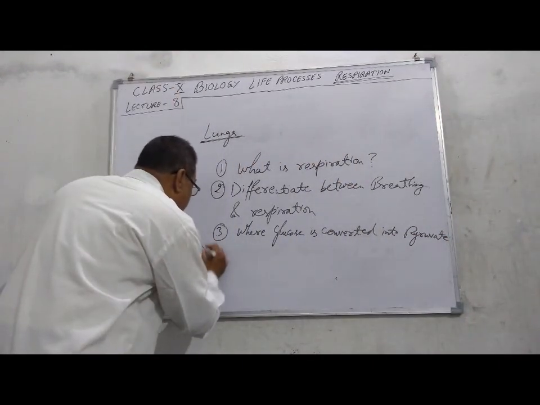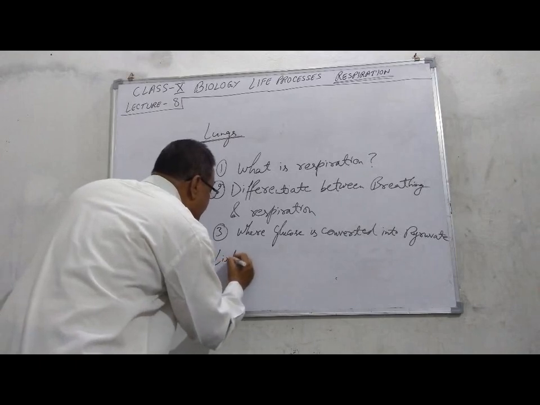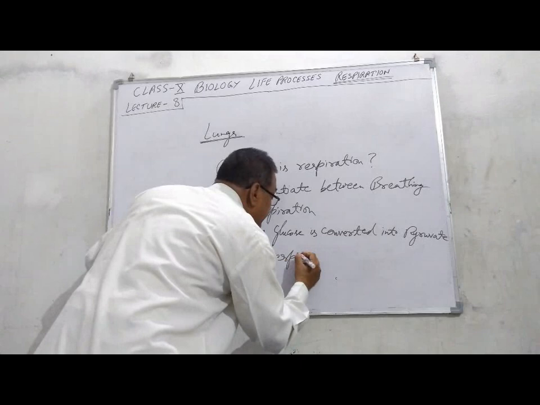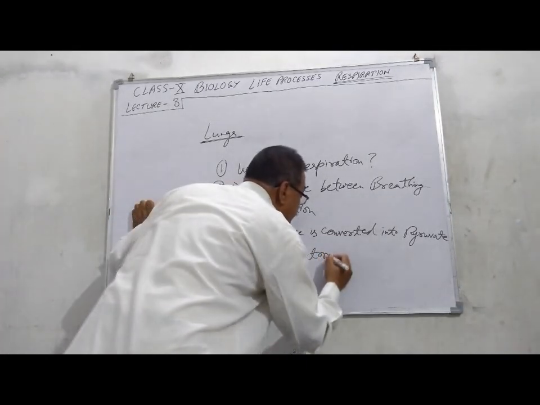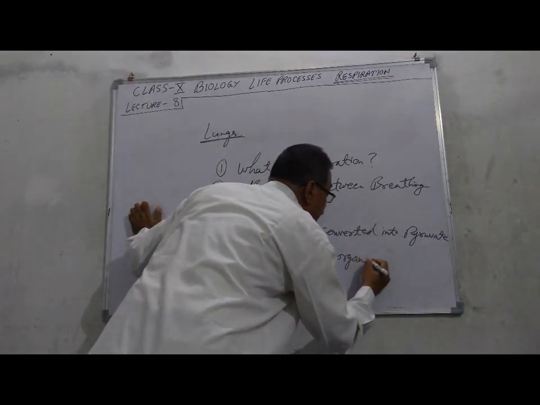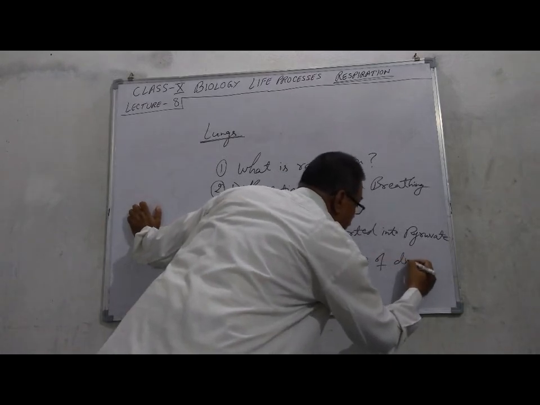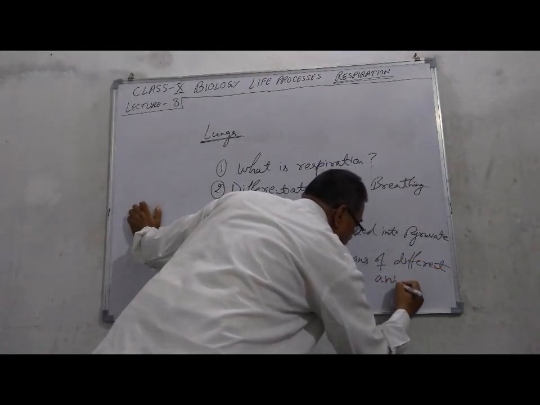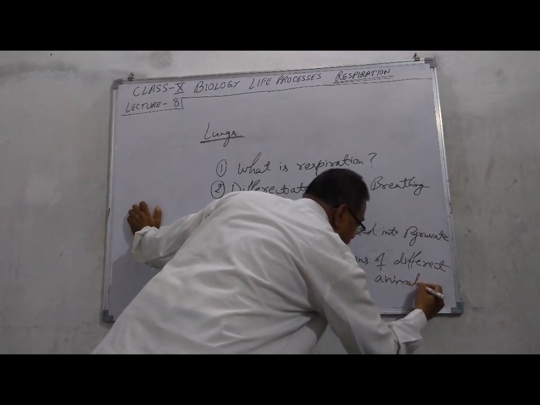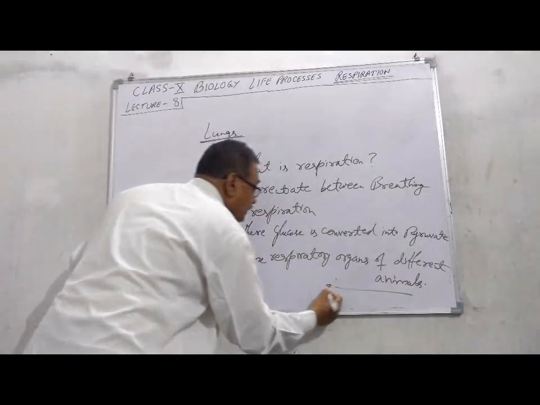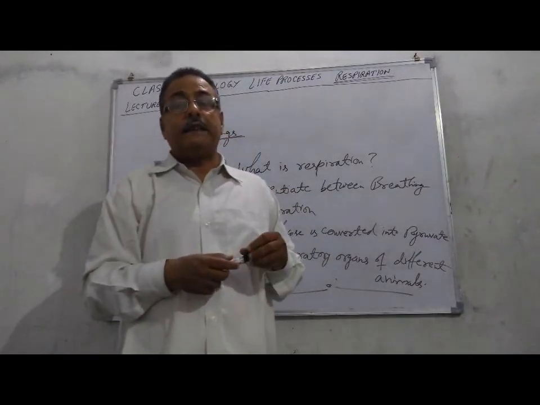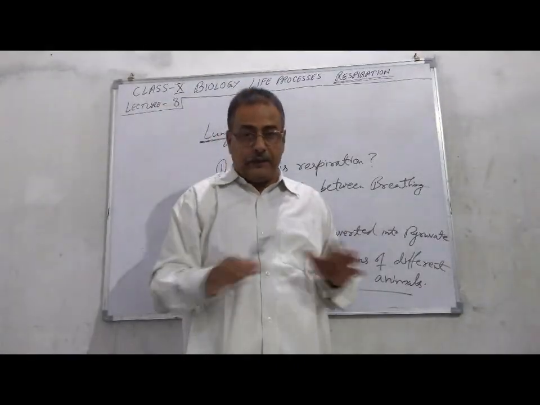And last question: list some respiratory organs of different animals. That's all. In the next class, we will discuss the respiratory system of human beings. Thank you.